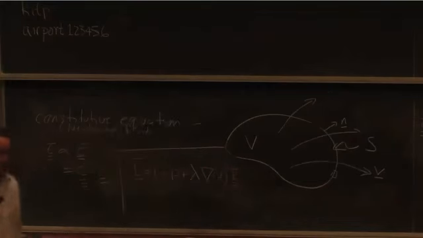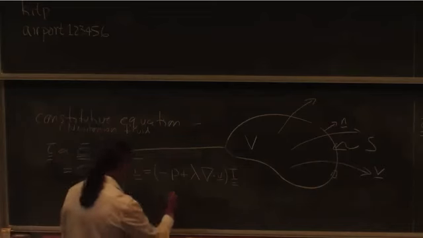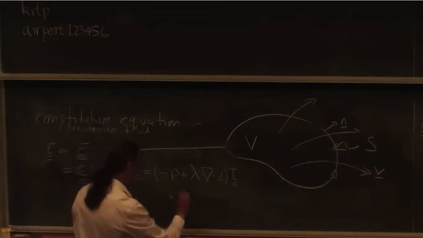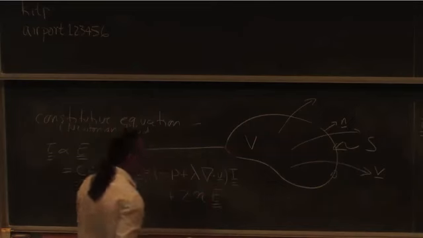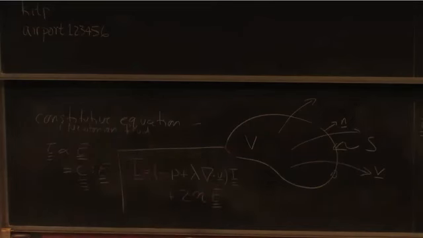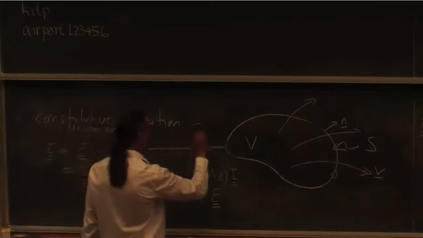So again, this is the isotropic part that describes the average stress, plus 2 times eta times the rate of strain tensor. So we have two new material properties that enter. This is called the bulk viscosity. The second one is called the shear viscosity.